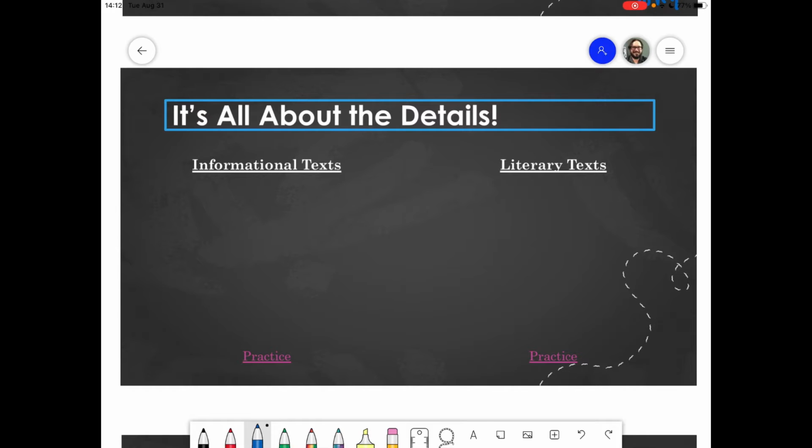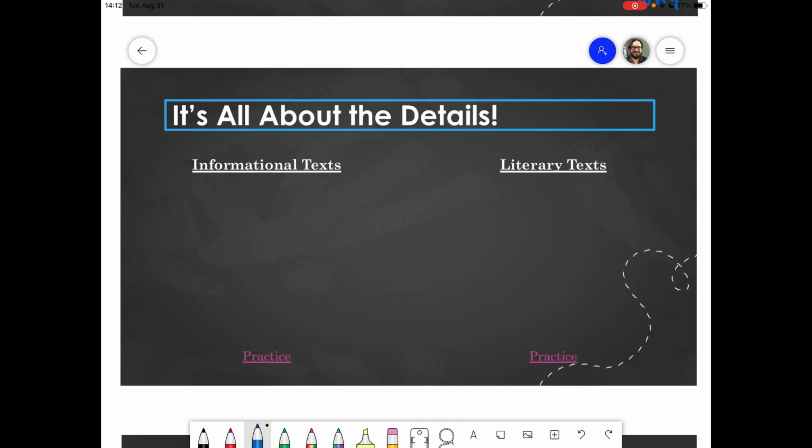And these are details that are specifically stated in the text. And the type of details that we look for are going to differ based on the type of text that we are reading. So let's take a moment and think about the differences between informational texts and literary texts.